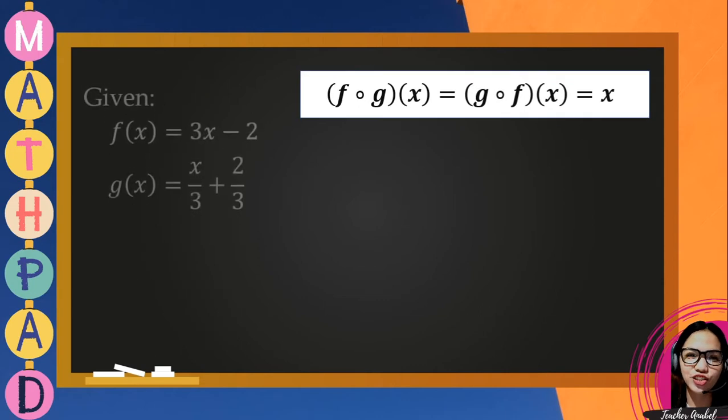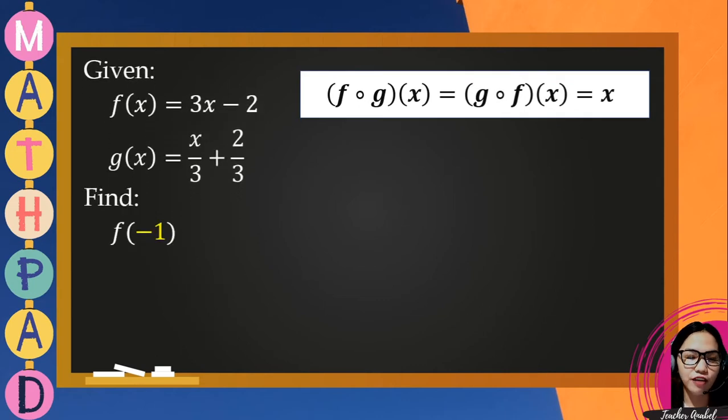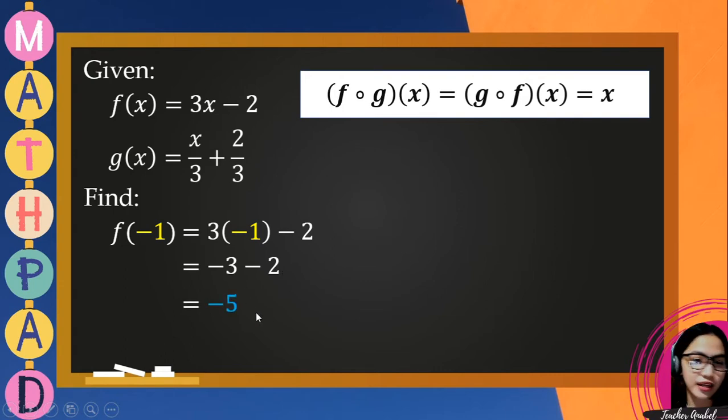Okay, let us try to find f of negative 1. So here, we have 3, and then we plug in negative 1 into x. So 3 times negative 1 is negative 3, minus 2 is negative 5. Now, let us find g of negative 5.